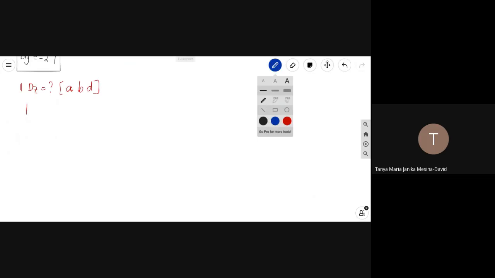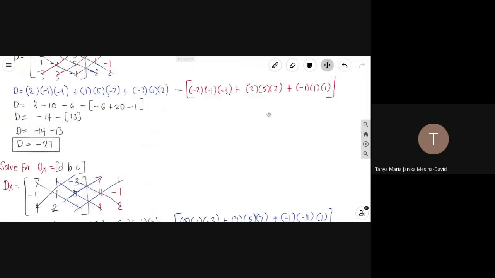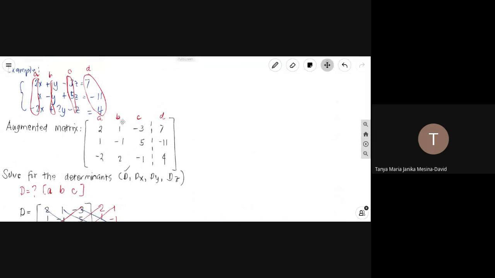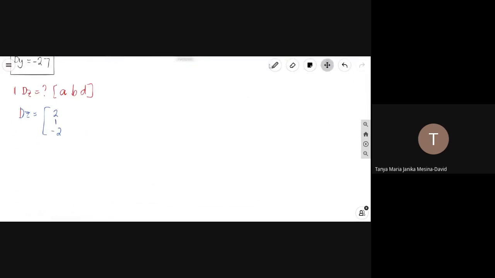B, from our augmented matrix, is 1, negative 1, 2.